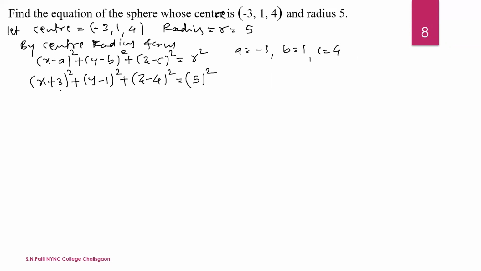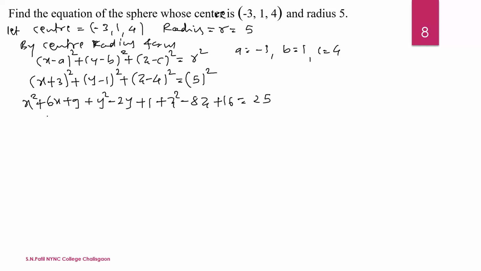Now simplify using (a plus b) whole square: x square plus 6x plus 9, y square minus 2y plus 1, z square minus 8z plus 16 is equal to 25.